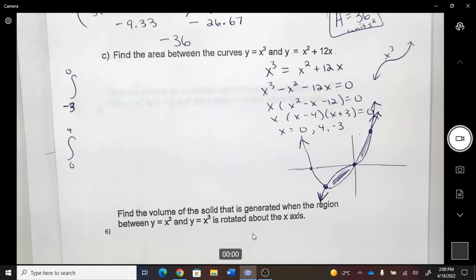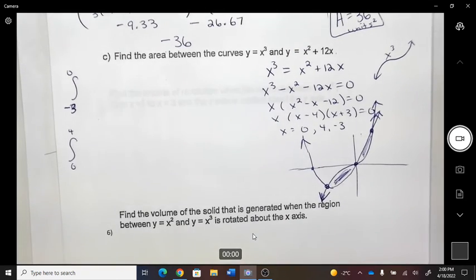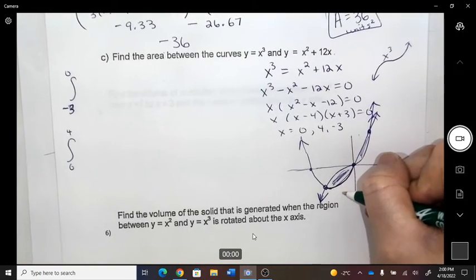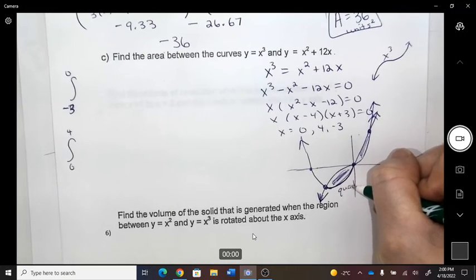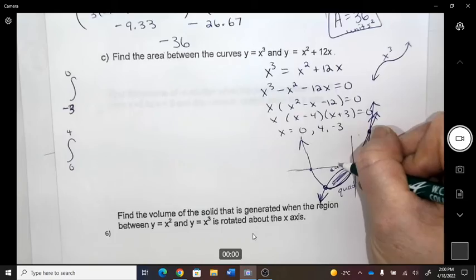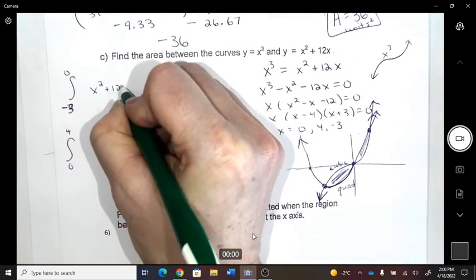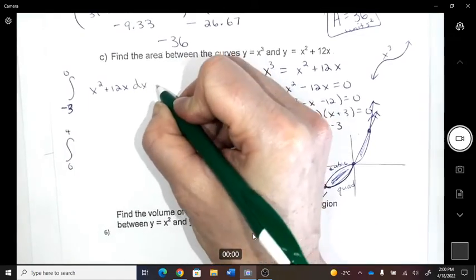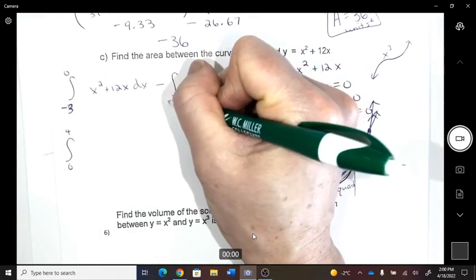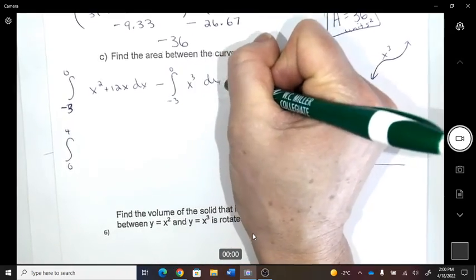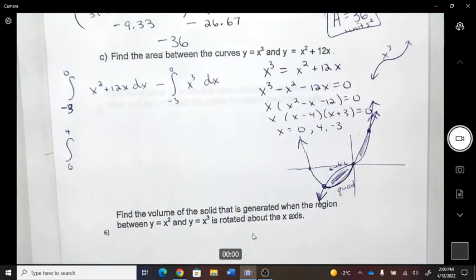Okay, I'll do it the long way. If you want to do it the short way, that's fine. So this one, I'm going to do the quadratic subtract the cubic. Okay, you could also write that together.